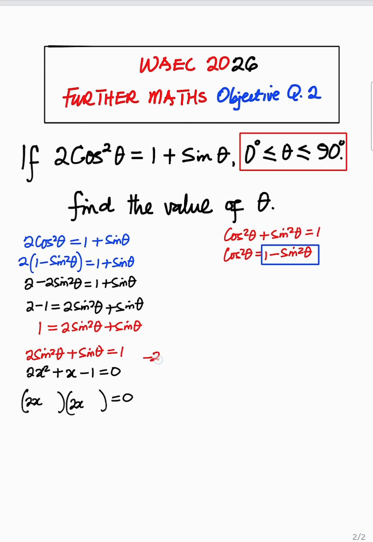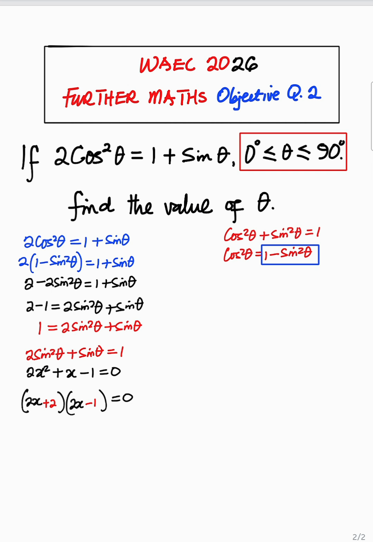So what will multiply to give us -2 and add to give us +1, where the +1 is here? This should give us 2 times -1, which when we multiply will give us -2, and when we add, 2 minus 1 will give us 1. So all we need to do here is add 2 here, then -1 here.